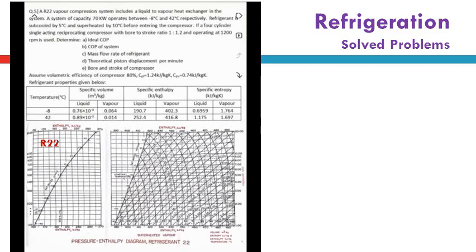Problem number 5, using R22. A vapor compression system includes a liquid-vapor heat exchanger in the system. A system of capacity 70 kilowatt operates between -8 degrees Celsius and 42 degrees Celsius respectively.